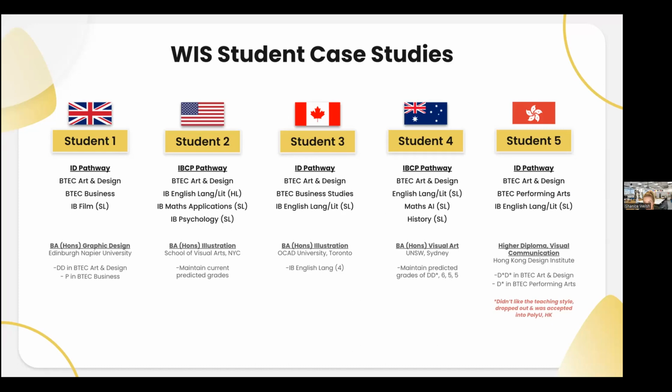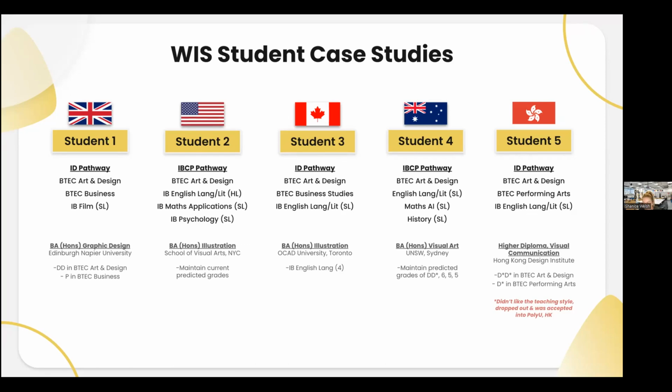They studied 2 BTECs at WIS plus English Lang and Lit, and the requirements for them were to get double distinction star in your Art and Design, a distinction star in your Performing Arts BTEC, no requirement for the English language IB. That student tried Hong Kong Design Institute. They didn't like the teaching style there.